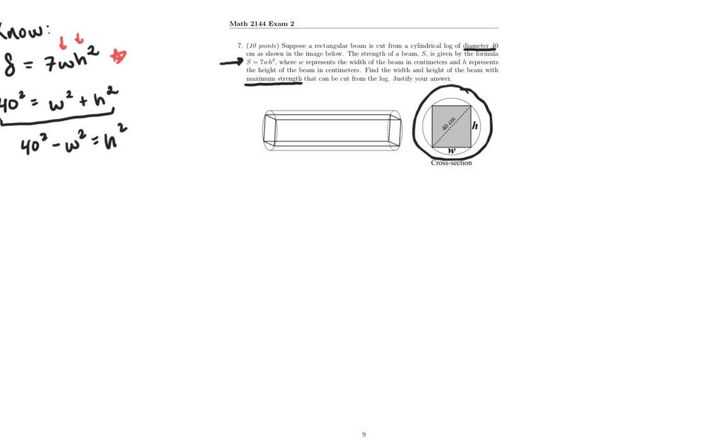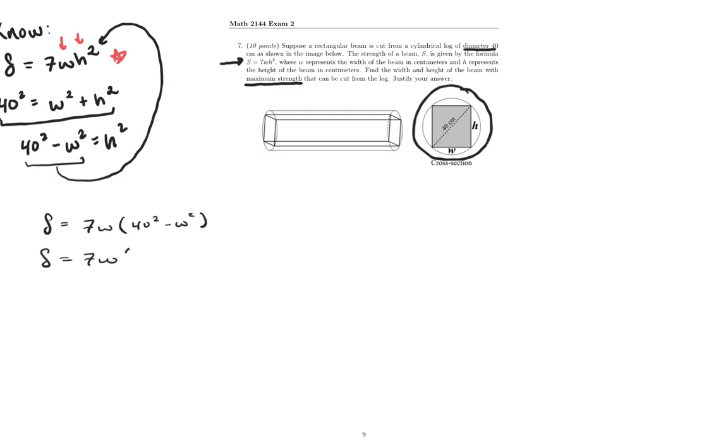Then I can replace H squared with 40 squared minus W squared in my objective function. So let's rewrite all of that. S is now equal to 7W times 40 squared minus W squared. So S is equal to 7W times 1600 minus W squared.